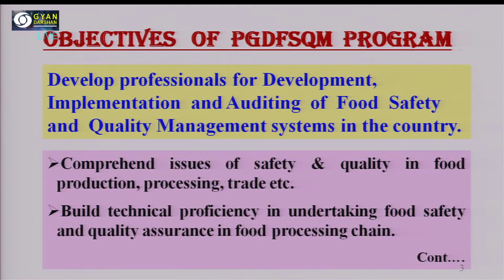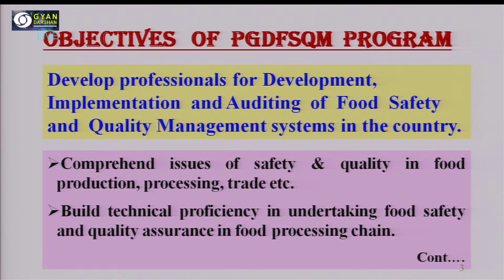If you see the objectives of the PGDFSQM program, what you are going to learn from this program, I'll say that the major objective of this PG Diploma program is to develop professionals who will be able to develop, design, implement and audit the food safety and quality management in the food industry and in any food establishment in the country.